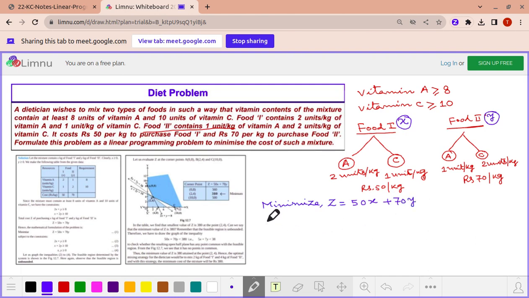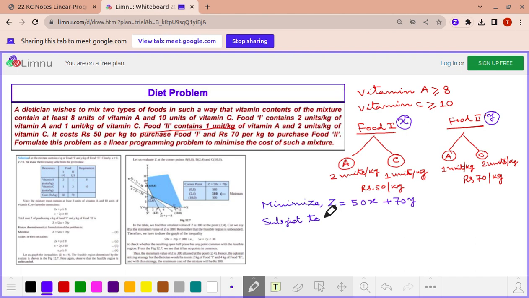Now, what are the subject to conditions? Subject to the constraints. What is the first constraint? The vitamin A requirement is at least 8 units. Vitamin A should be 8 units minimum. Now, per kg of food 1, the vitamin available is 2 units.